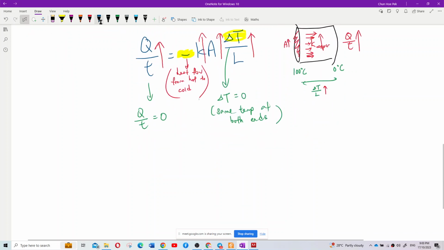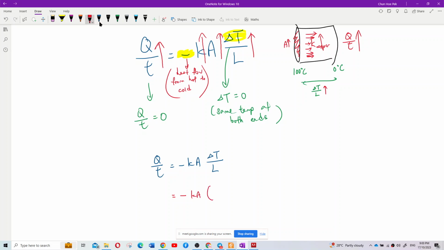Understand or not? You see, Q over T equals negative K A delta T over L. It means that this one is negative. Delta T over L is also a negative value. So negative times negative, you get positive.